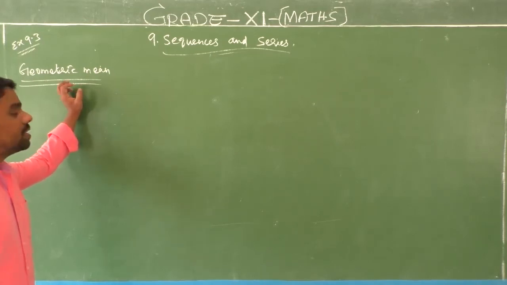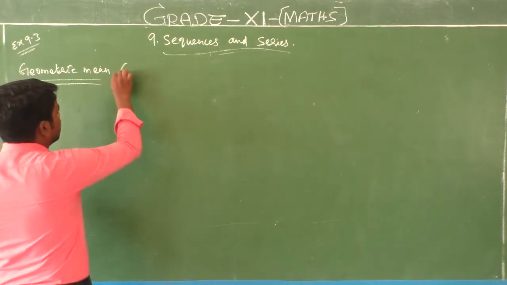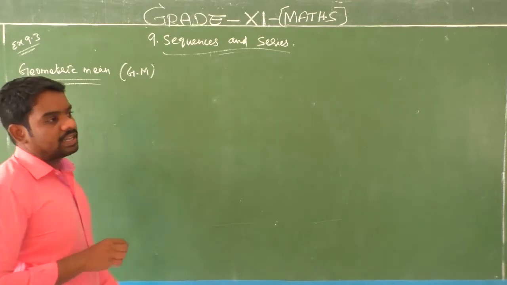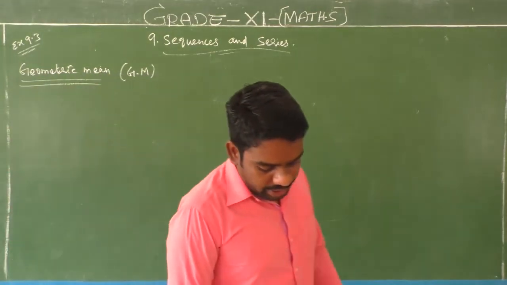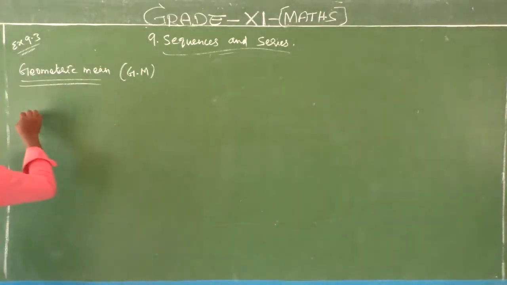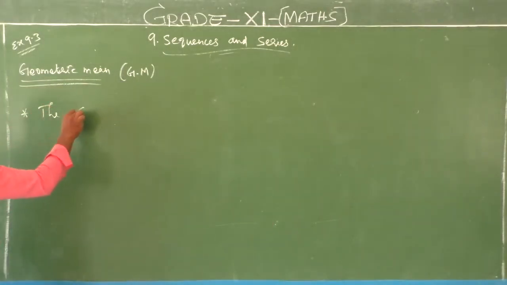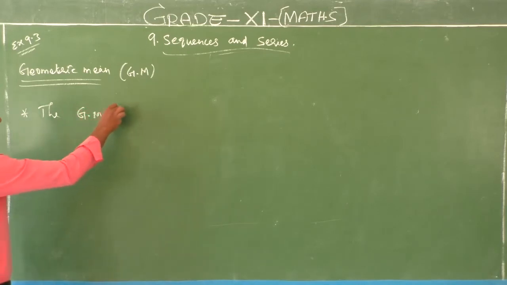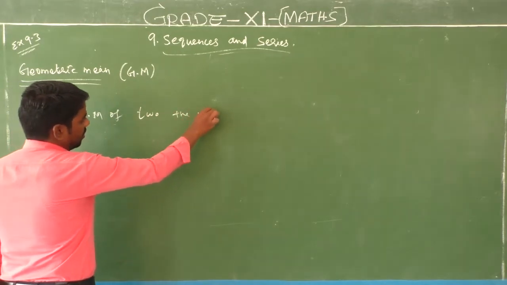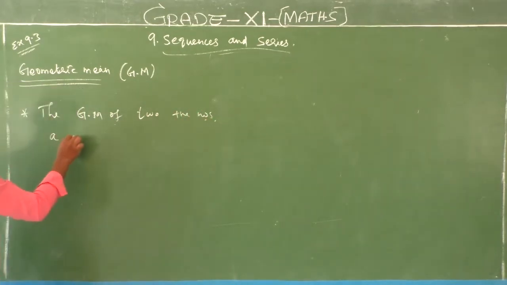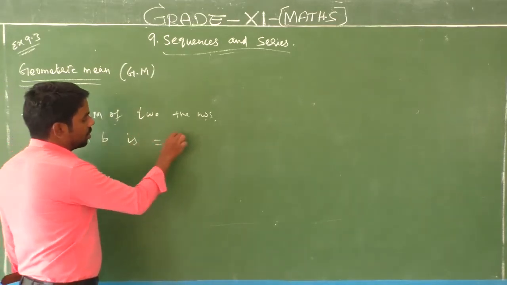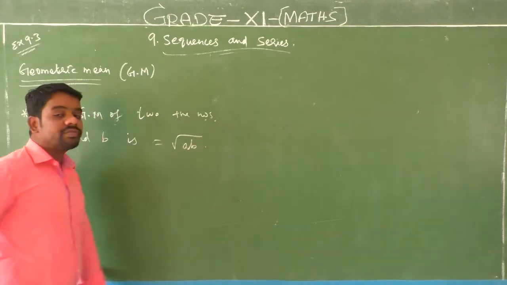Next one, geometric mean. Geometric mean is simply called GM. The geometric mean of two positive numbers a and b is root of ab.